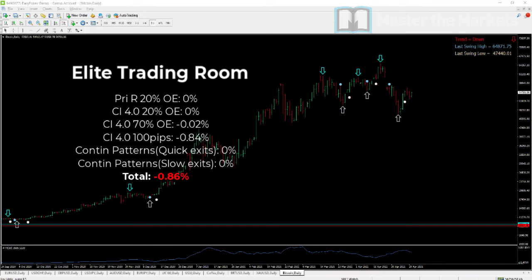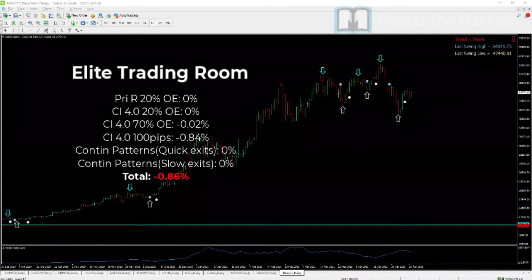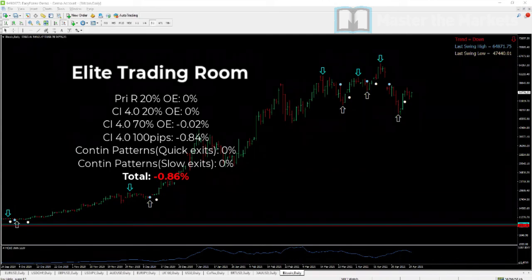On the cash in 4.0, 20% open equity strategy, 0%. The cash in 4.0, 70% open equity strategy, we had a minus 0.02% loss. So we've obviously managed our risk very well there and minimized the loss that we've taken on that trade.